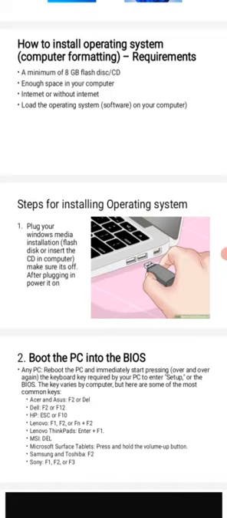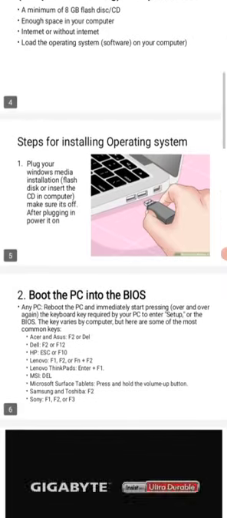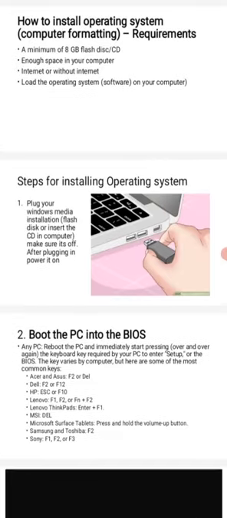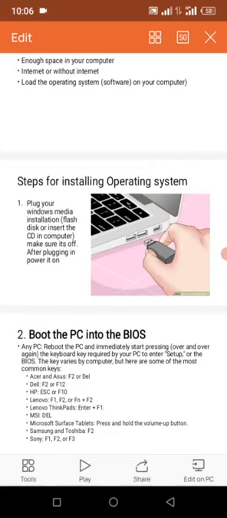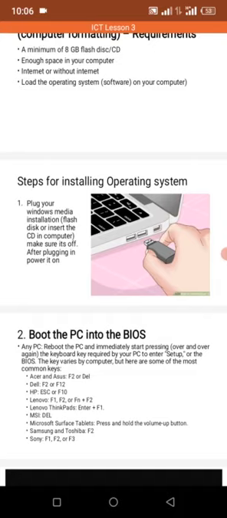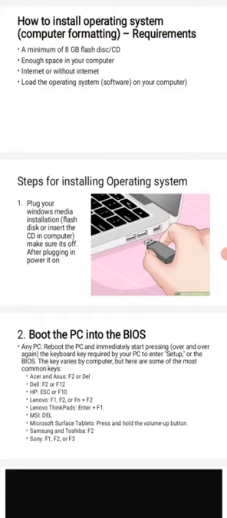Apart from that, we also need internet. Sometimes you might get a Windows or operating system that is outdated. So with an outdated Windows system, you need to have internet, so that at times it will tell you to connect to the internet and update your Windows system whilst you are installing.